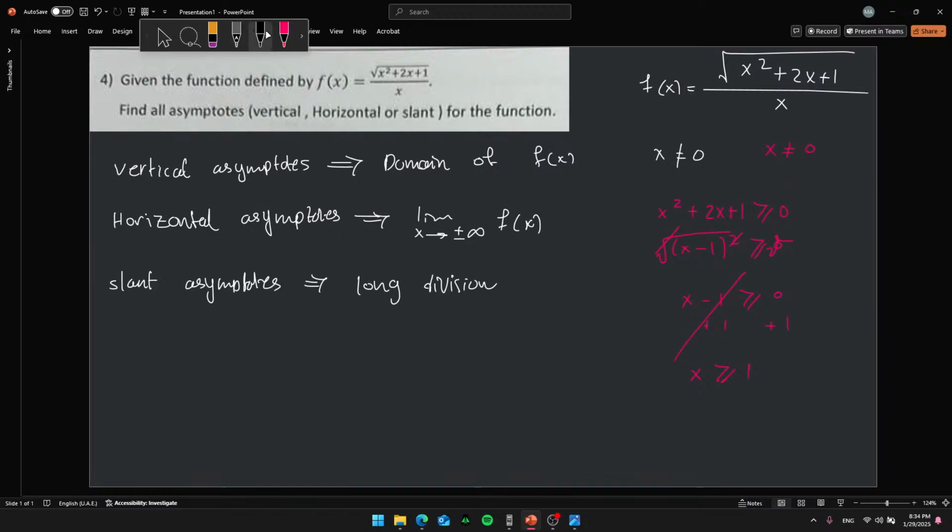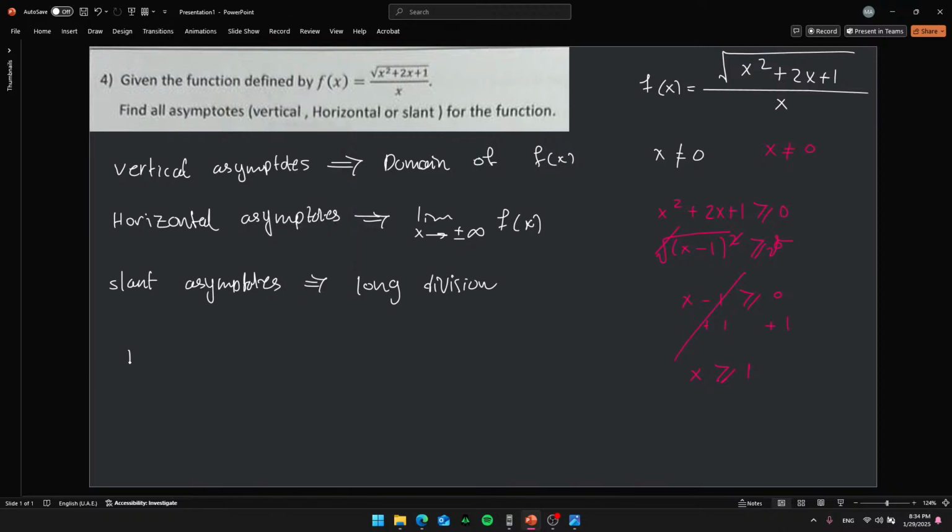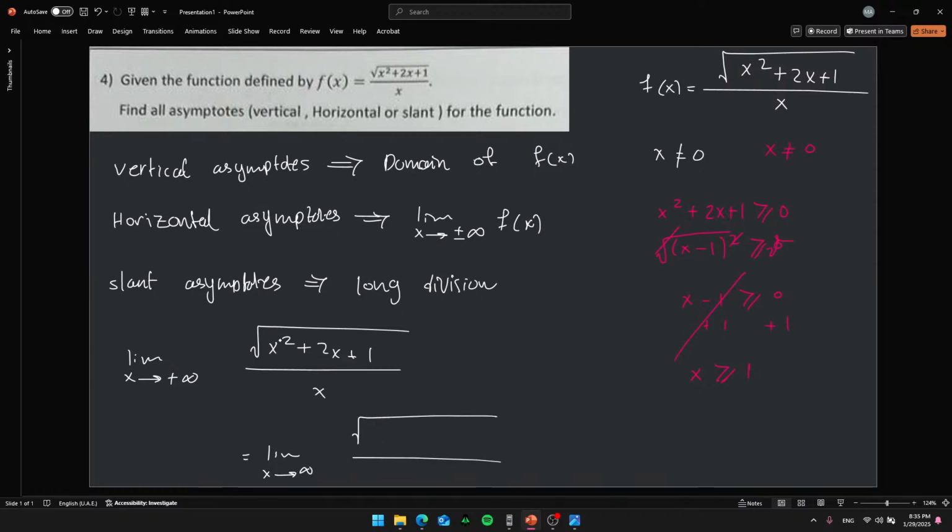Okay. For horizontal asymptotes, we have to take the limit as x approaches positive infinity first. The limit as x goes to infinity of the square root of x squared plus 2x plus 1, over x. Now take x squared as a common factor. You're left with the square root of x squared times 1 plus 2 over x plus 1 over x squared, over x.